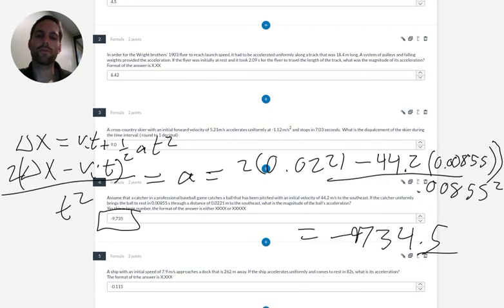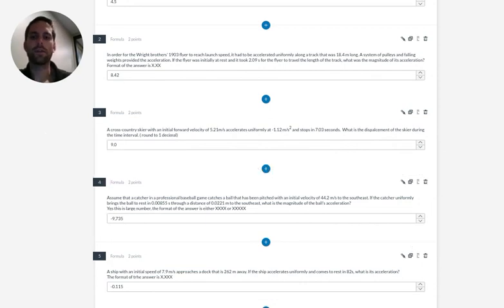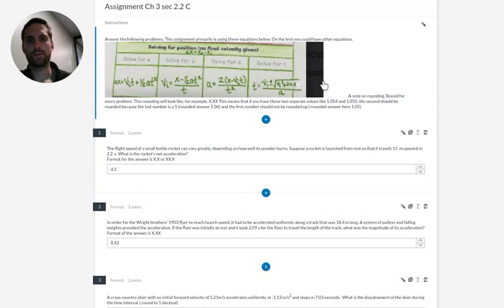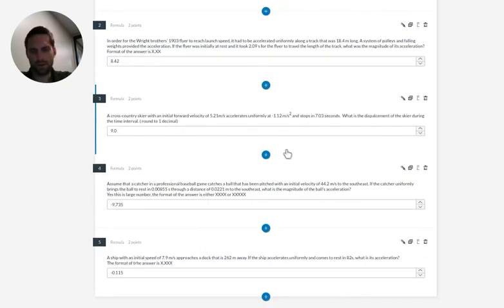Alright, so for number 5, all I'm going to do is that same equation I did above. A equals 2 times that displacement minus velocity initial times the time, over time squared.